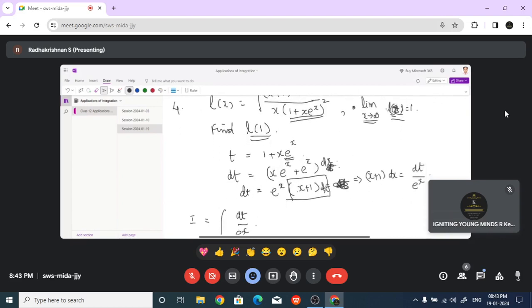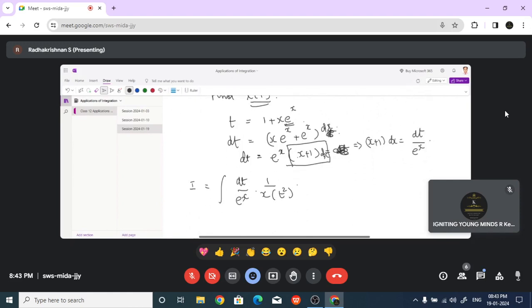Then 1 by x into 1 plus x e power x whole square is simply t square. Right? This is what it becomes, dt divided by e power x into 1 by x into t square.